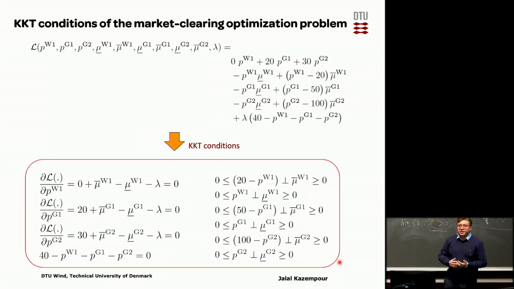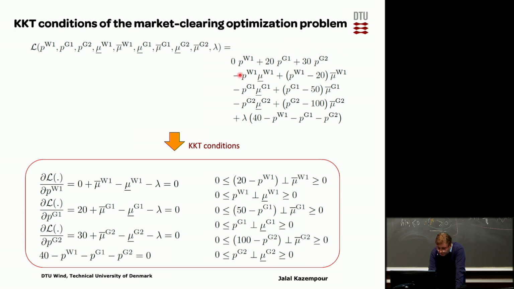Remember, the first ingredient is to take the derivative of the Lagrangian function with respect to every primal variable. How many primal variables do we have? 3. So with respect to Pw1, with respect to Pg1, with respect to Pg2. Is it clear? Let's take the derivative of this function with respect to Pw1, the production of wind farm W1. Here we take the derivative, only we have 0, so 0 comes here.